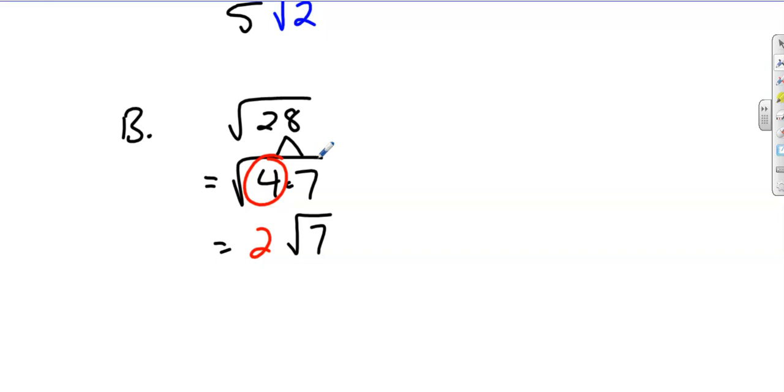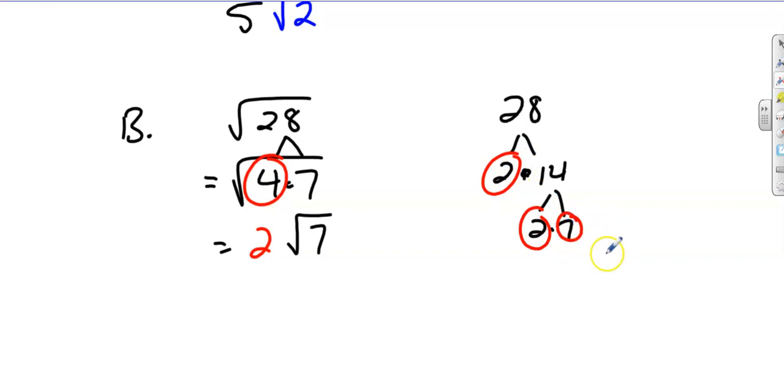Sometimes you don't. If you don't, let's say if you'd taken 28, and broken it down and made it 2 times 14, and then you had 2 times 7, well, then you would see that you've got 2 times 2 times 7. There's your pair of 2s, so that 2 will go on the outside. The 7 stays on the inside. And sometimes, as you break these numbers down, you may run across a perfect square number.